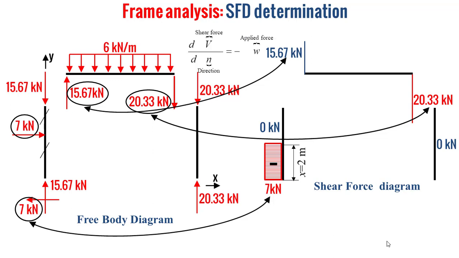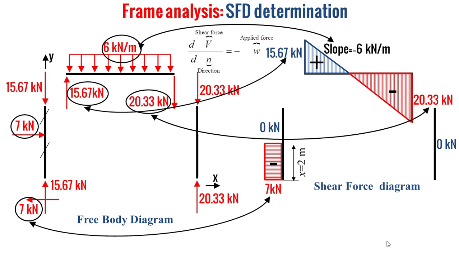Since the variation of the shear force along the longitudinal direction of the beam is equal to minus the applied force, here is the uniformly distributed load equal to 6 kilonewton per meter. This UDL will be the slope of the variation of the shear force along the beam.